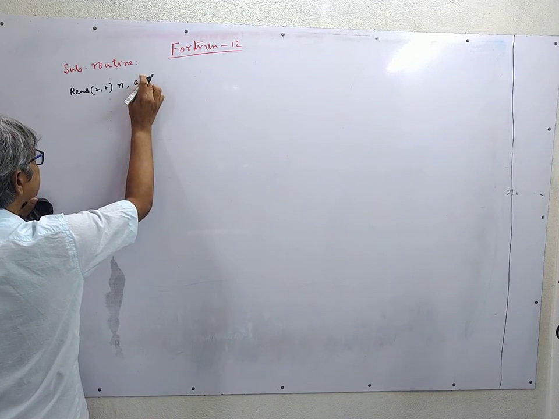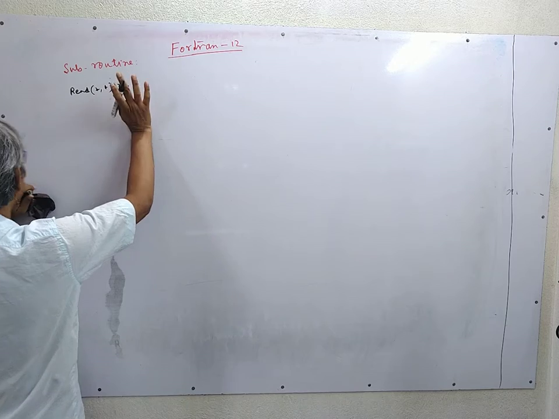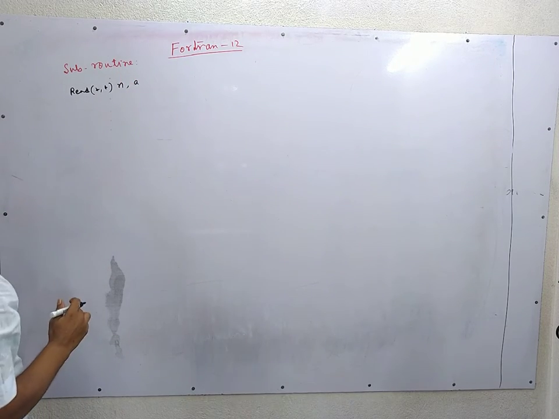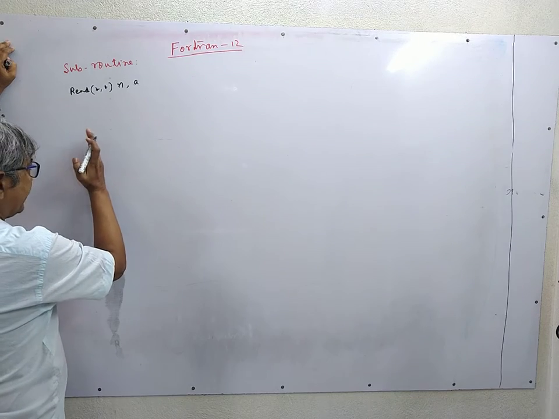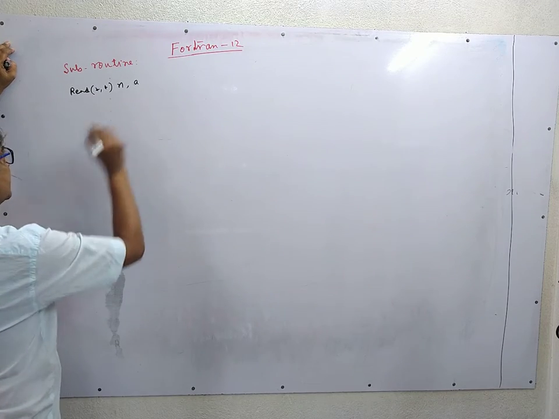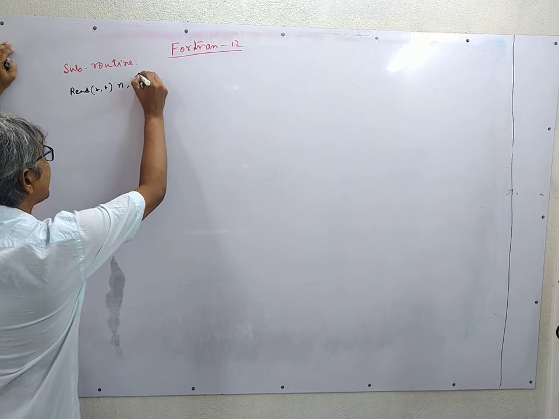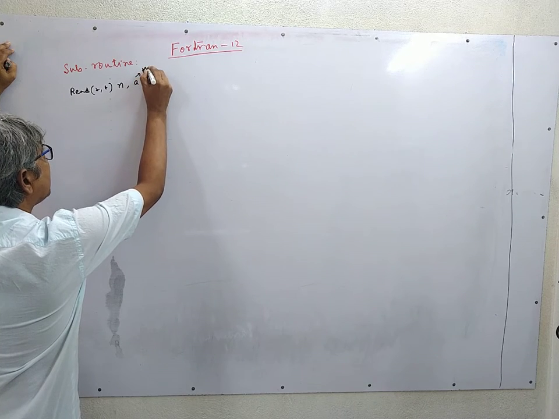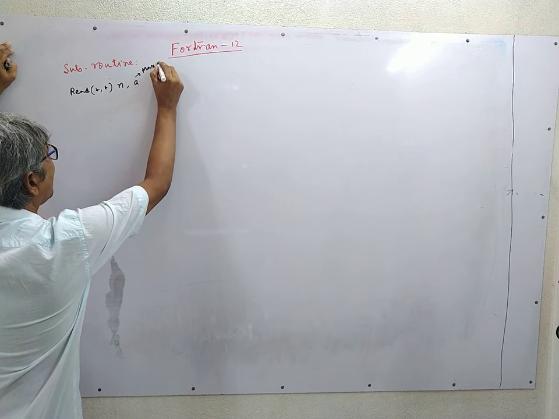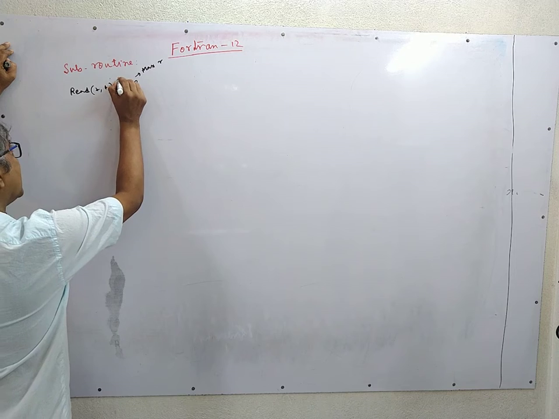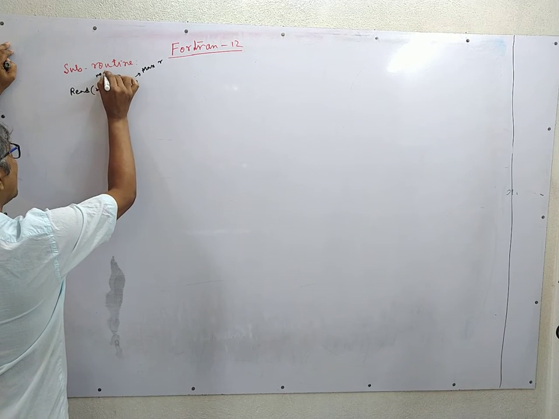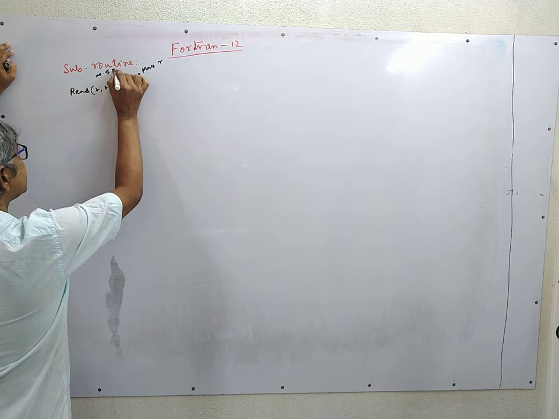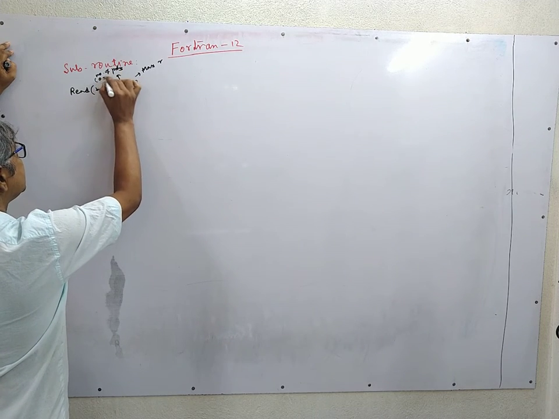So a is the maximum value and n is the number of steps in which we want to span the space from 0 to a. So it is the maximum value of r, and it is the number of sub-intervals, number of points between 0 to a.